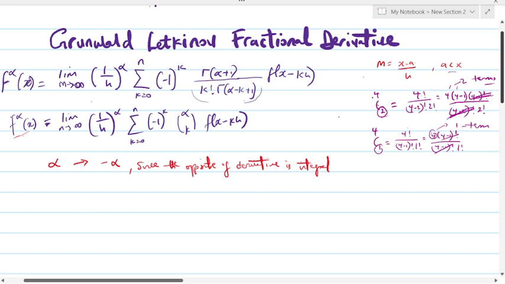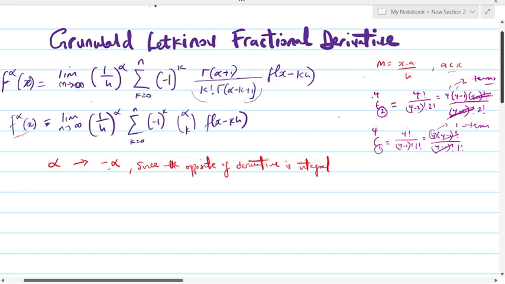So now if you are going to extend back here, we are going to substitute our alpha for minus alpha in this GL fractional derivative.